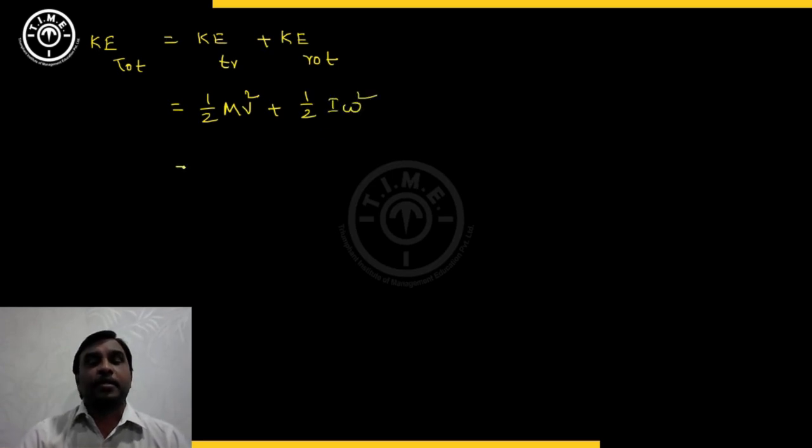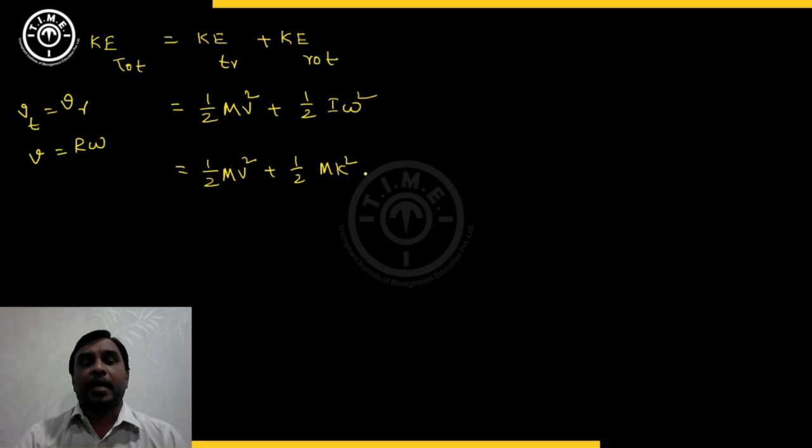If you simplify this, half mv square plus half I, where I is mk square. Under the case of pure rolling, velocity due to translation is equal to velocity due to rotation. Velocity due to translation is v, due to rotation is r omega, where r is the radius of that object. Then omega can be written as v by r, whole square.